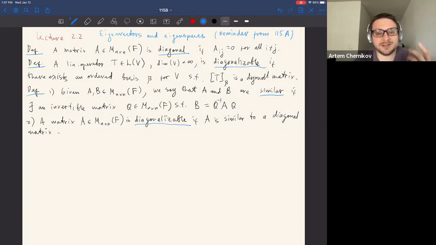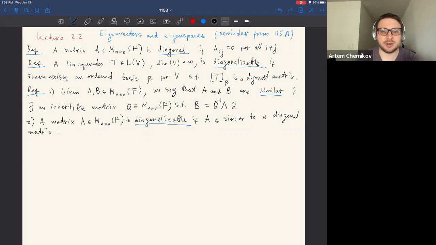For matrices, it seems like a notion more suitable for calculating with, like for determinants numerically, for example. But as usual, we will see soon that there's a nice correspondence between diagonalizability for linear transformations and for their matrices. Remember, we always have this correspondence between properties of matrices and linear transformations.